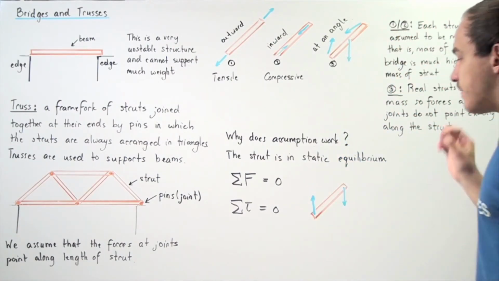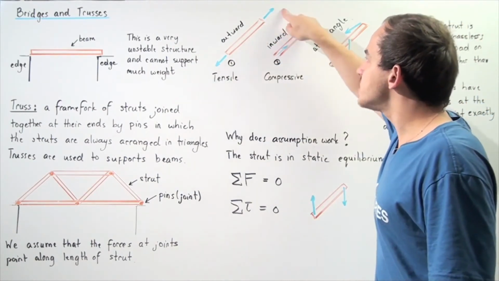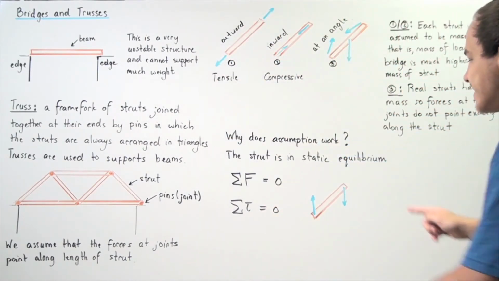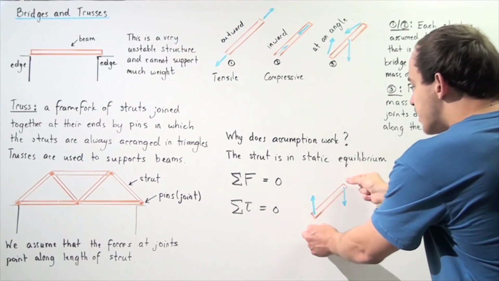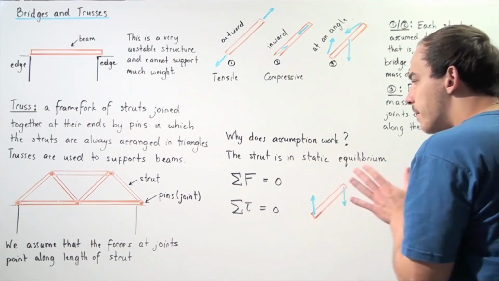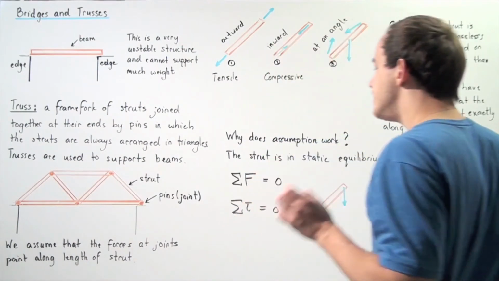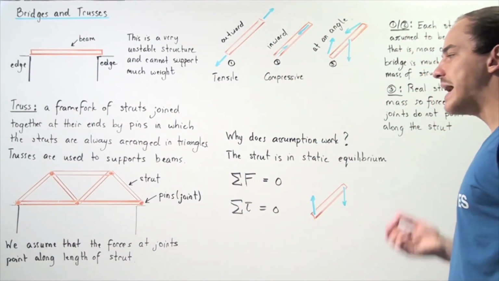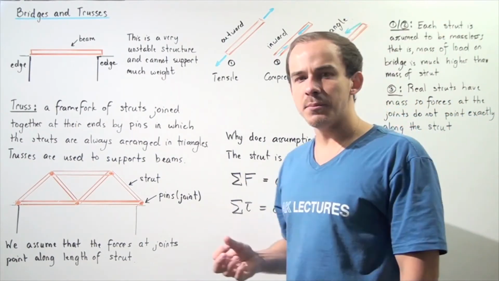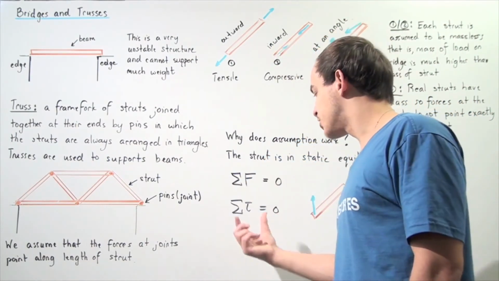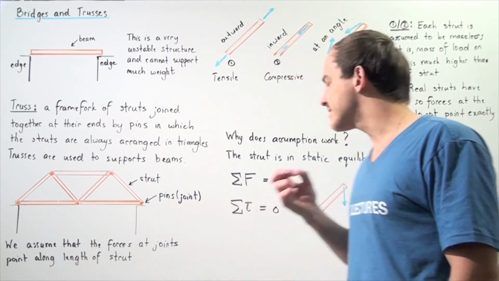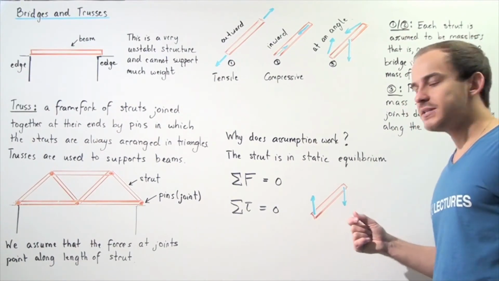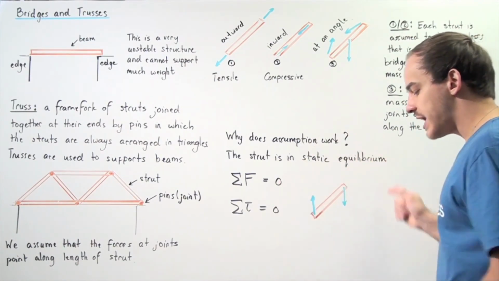Well, if these forces did not point along the length of the strut and pointed at some angle, notice that this would create a torque. But because the struts are assumed to be in static equilibrium, we know that this cannot be true, because whenever an object is in static equilibrium, the net torque, the sum of the torques, has to sum up to 0. And if the torque were not 0, the object would rotate.